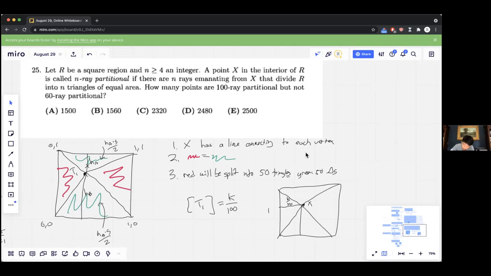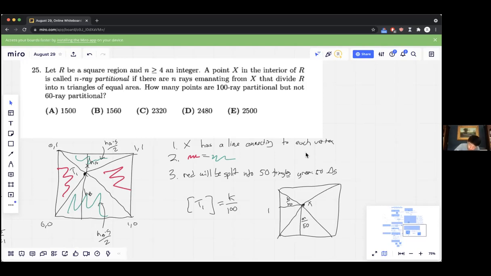Similarly over here, the height will also have to be m over 50 in order to satisfy this lower triangle. You'll split the lower part into m triangles, and then this is possible.